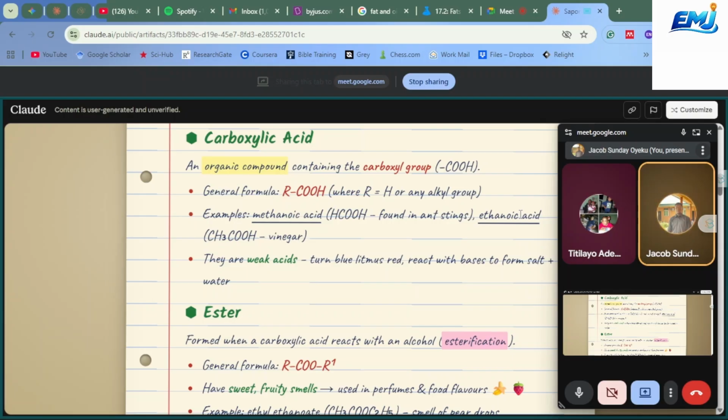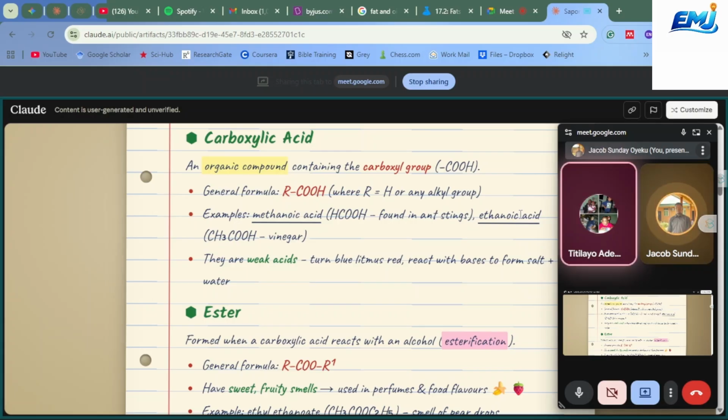Whereas vinegar, they use it in cooking, they use it in treating measles. If somebody has measles, the person will drink vinegar or use it to rub their body. But vinegar is also something that is very common. So vinegar contains ethanoic acid.